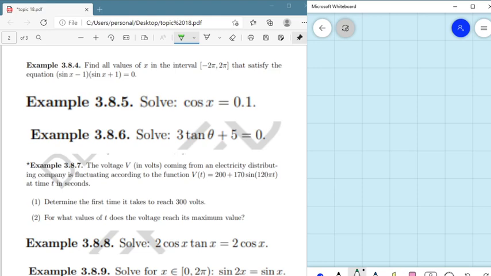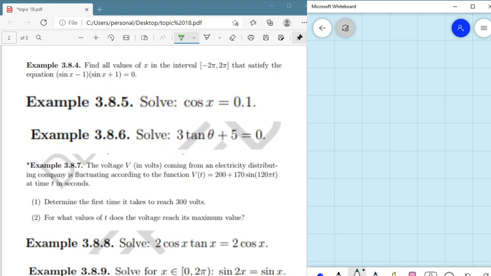Okay, next is example 3.8.4. Find all values of x in the closed interval from negative 2 pi to positive 2 pi that satisfy the equation quantity sine x minus 1 times quantity sine x plus 1 equals 0.